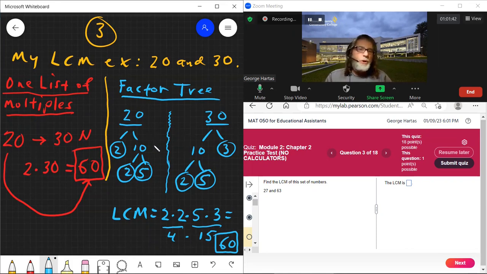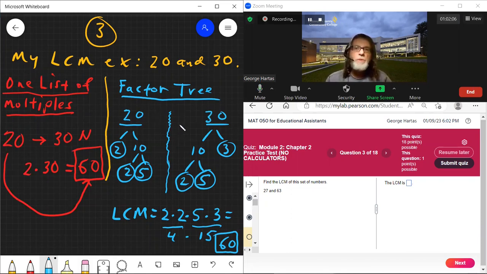So which one do you use? It depends. If you can eyeball and see that the multiples are going to match within the first 2 or 3 multiples, then try the one list of multiples. It could be quicker. But sometimes if the numbers are fairly big and obscure, then the factor tree technique is the way to go.